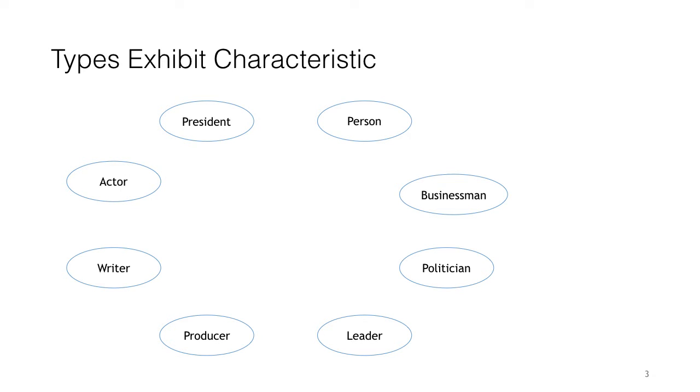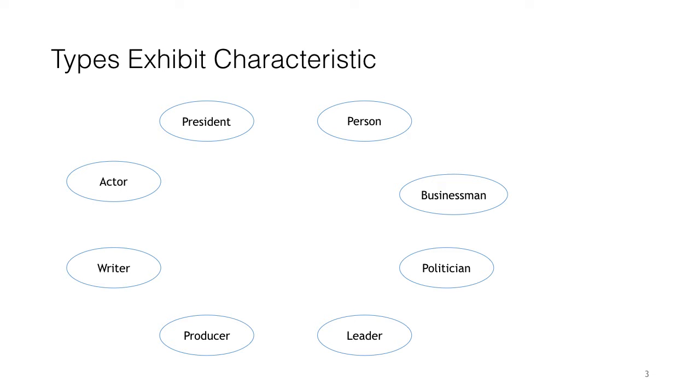Entity types carry information about the different roles of an entity. In this slide, we can see some type information of a specific entity. From those type information, we can understand the characteristics of this specific entity. As an example, we can assume that this entity is a person.